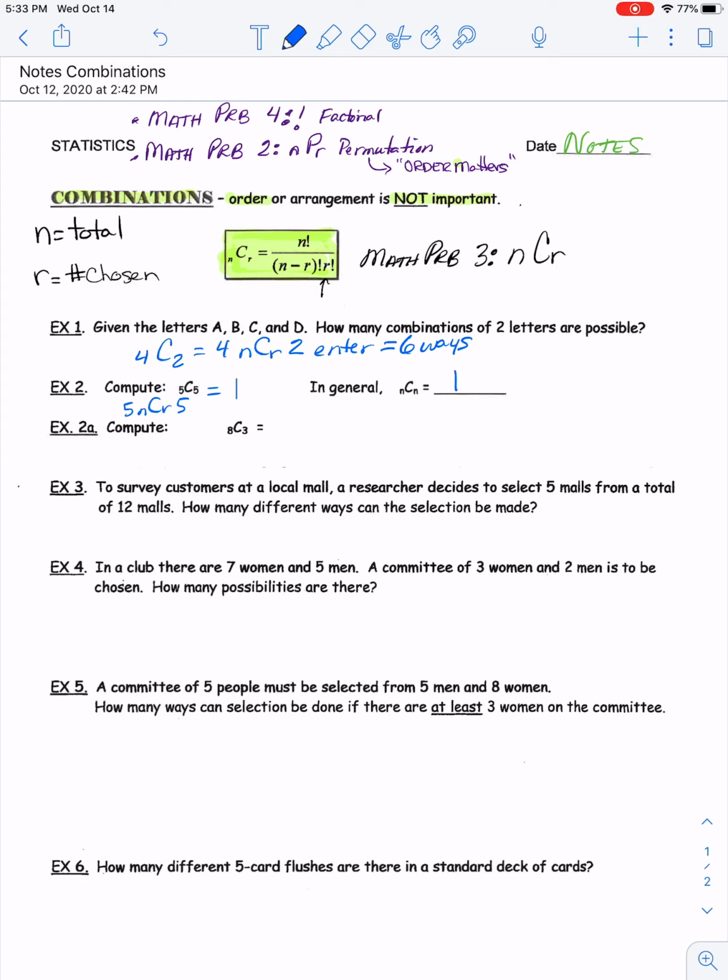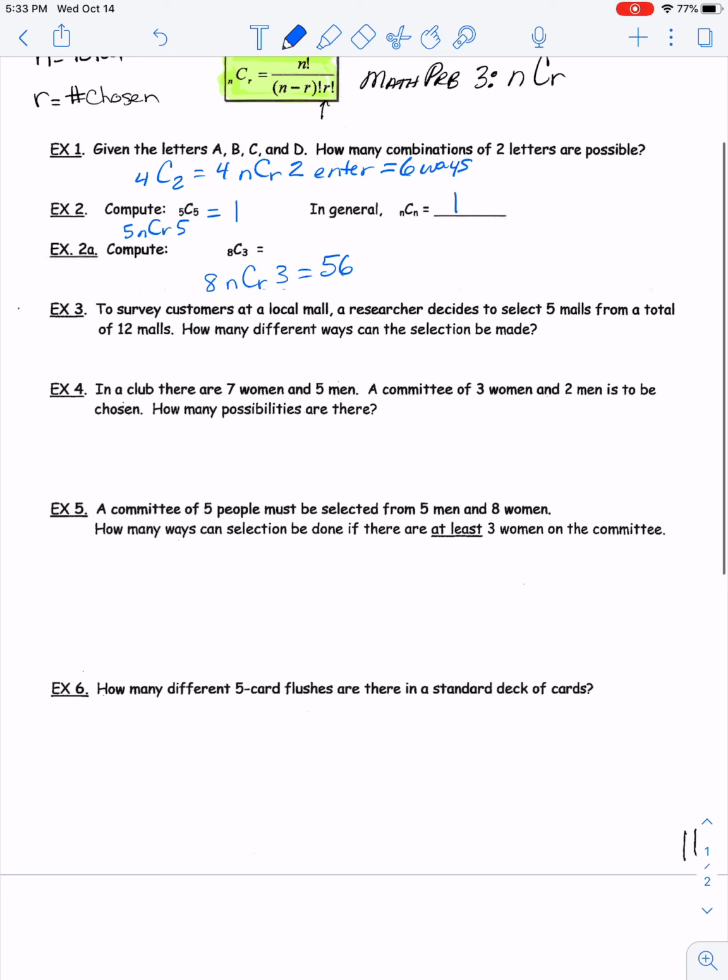You're welcome to give that a try, see if that works out. Okay, and again, I just threw another one on here to try with your calculator. 8 nCr 3. If you plug that in your calculator, you should get 56. Again, I just wanted to make sure you're able to type those in correctly and feel comfortable getting the correct answer.